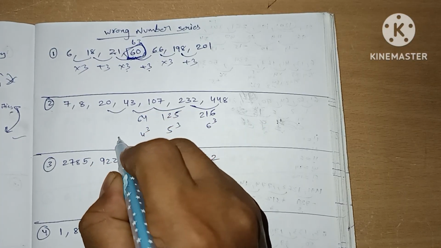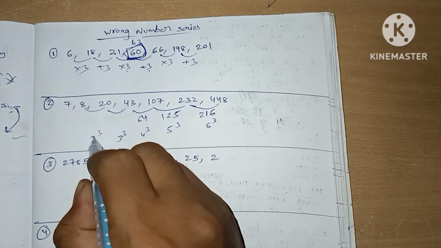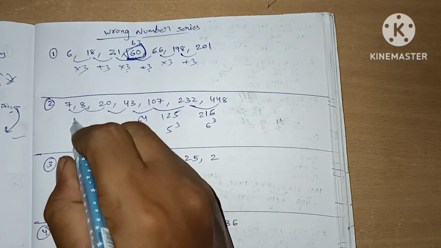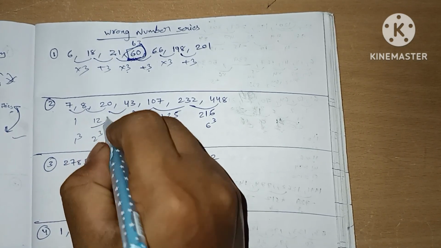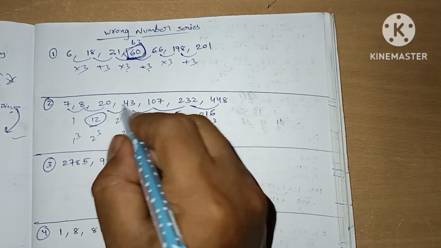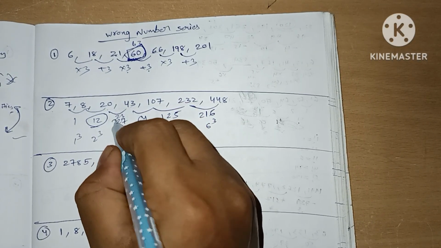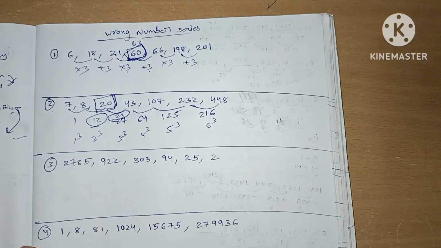So here the difference must be 3 cube, 27. Here the difference must be 2 cube, 8, and here the difference is 1 cube, 1. Here is 1, here it is 12. 2 cube is not 12, so it is wrong. 3 cube is 27, but here the difference is 23, so it is also wrong. So in between these two, 20 is our wrong number.